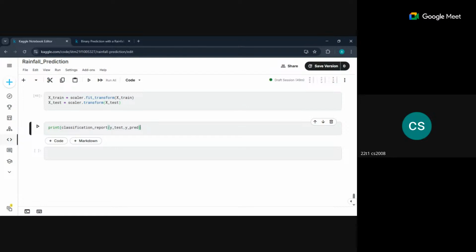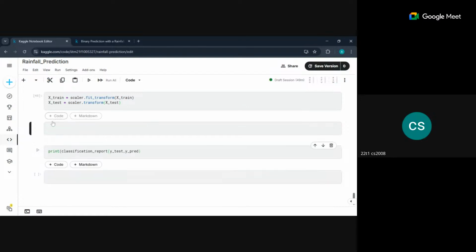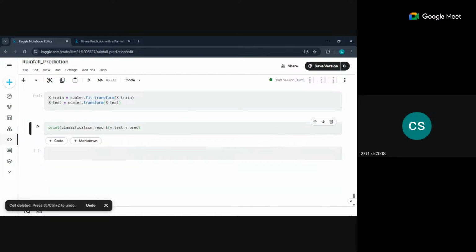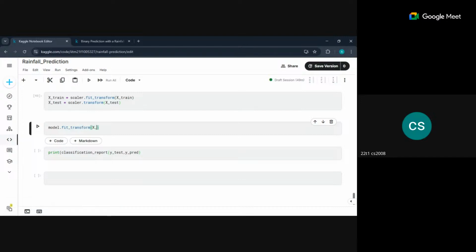It takes a custom. Okay. So let's do a model dot fit transform, X train comma X test.